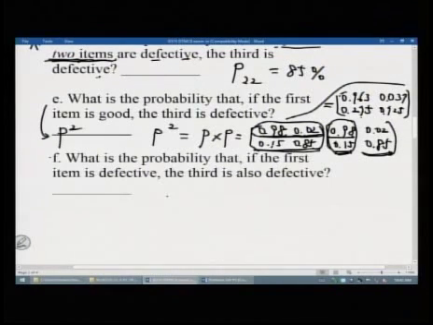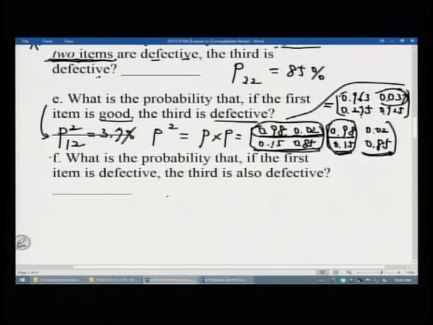That's going to be 1, 2, right? Starting from good, and then after 2 items, it becomes defective. So that's going to be this, right? Only 3.7%.